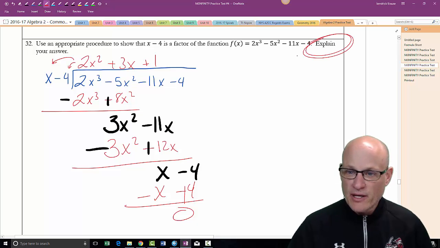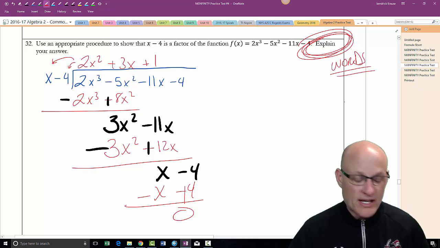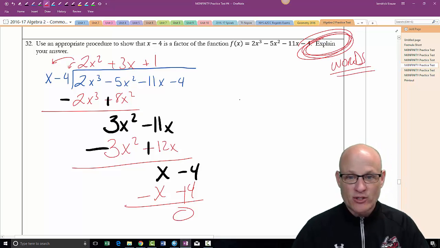So do you see this word explain? Explain means use words to give me your answer. If you don't have words, it's not going to work.